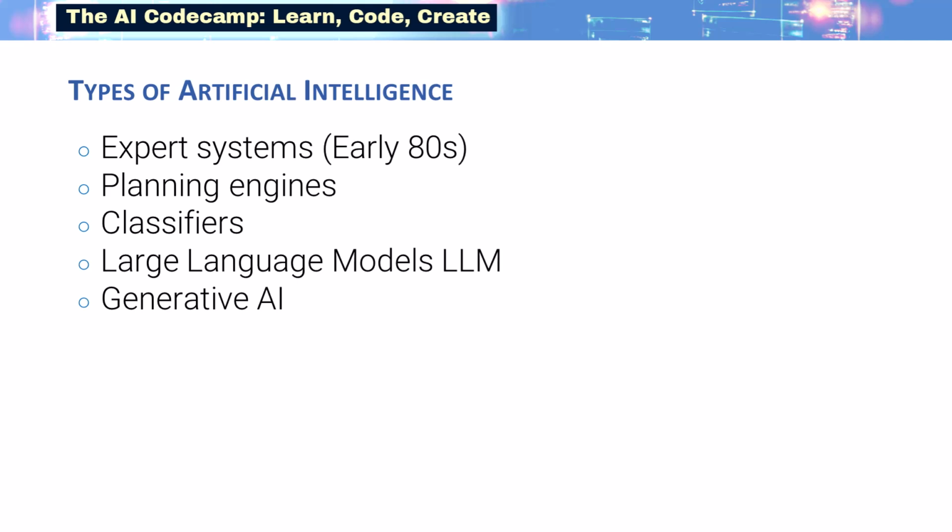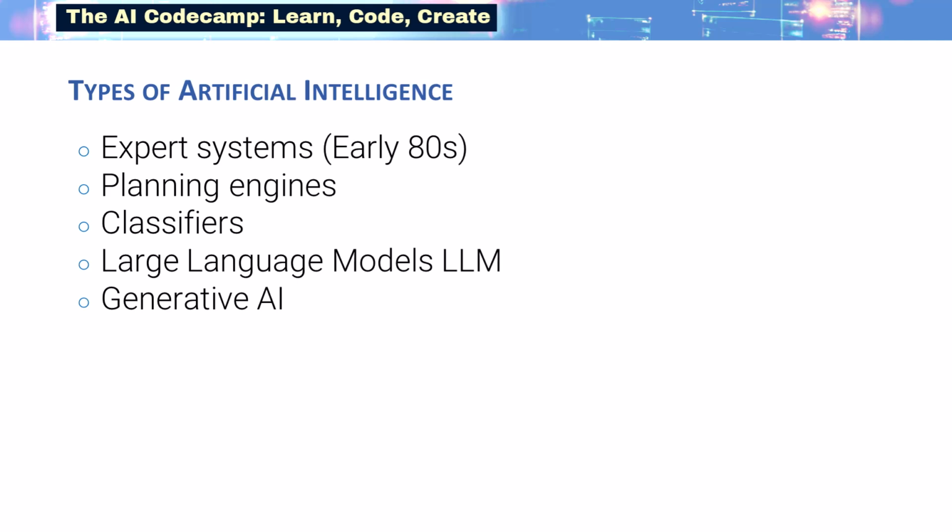Later, with the boom of computer gaming, a variety of game engine planning implementations of AI were created, and we can see examples of that in even such simple games as Pac-Man. In recent years, classifiers have become a very popular form of AI.